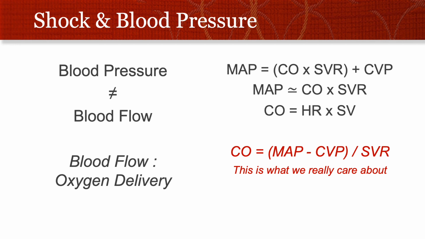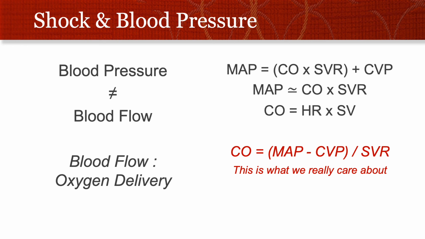But the way we practice medicine is blood pressure first. We're very good at measuring it. We measure it all over the place. And we're not very good at measuring cardiac output. And so what we fundamentally use is that top portion, MAP equals cardiac output times SVR.